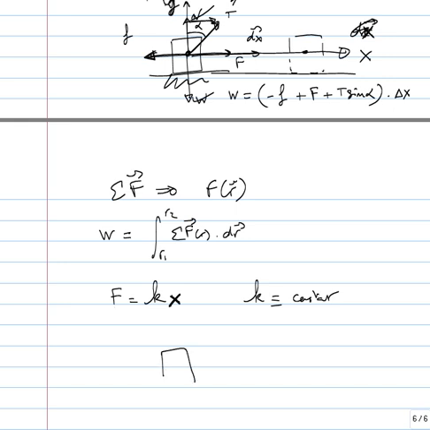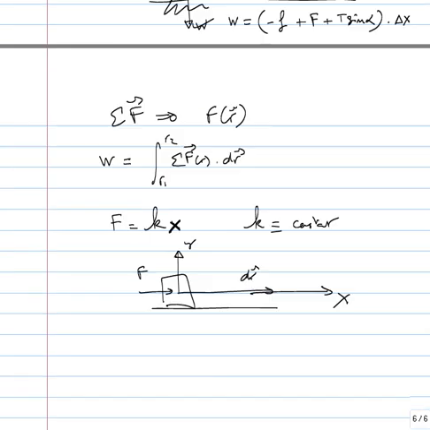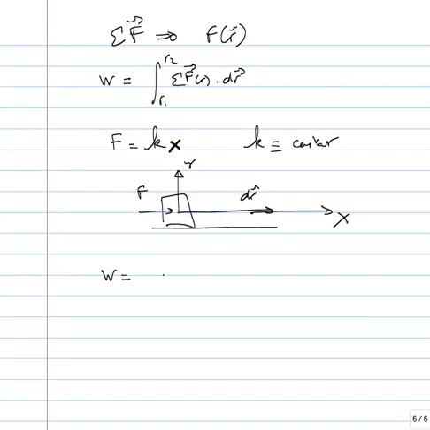So you're moving this object with the force F in this direction, which we will pick to be our x. In this case, the work done becomes the integral from x1 to x2 of the functional form of my force, kx, times dx.